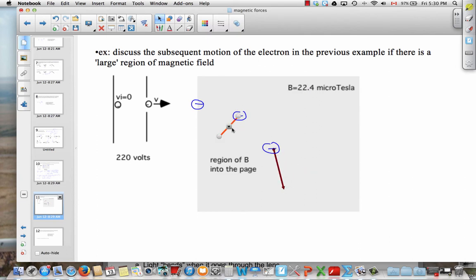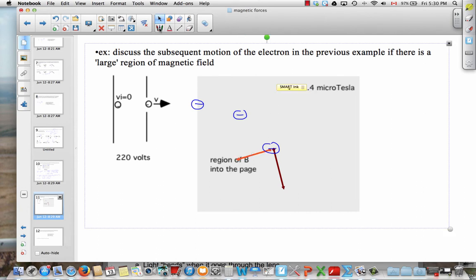And a little bit later, the force will still be perpendicular to the velocity, like that.